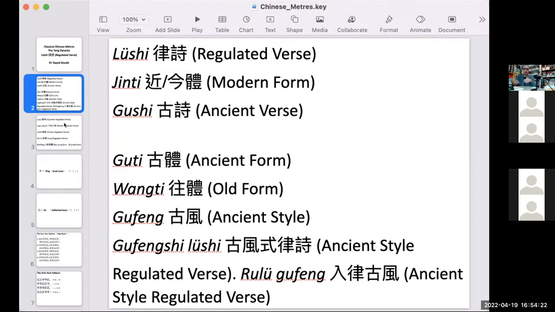He was an innovator in the way he used rhythm, and he managed to use rhythm to express the right meaning he wanted to express. For example, when he wants to express the meaning that he's in a hurry, he's in a rush, he uses this trisyllabic line, only 3 characters per line.